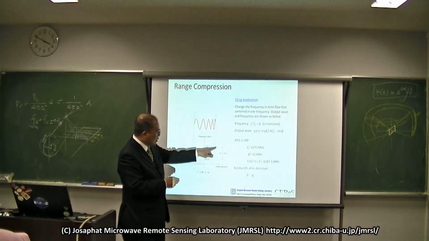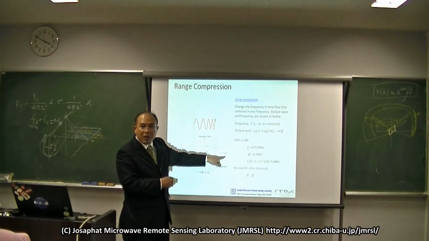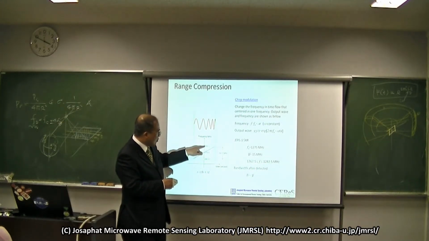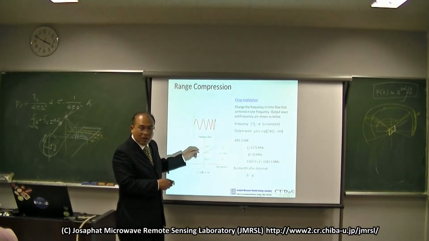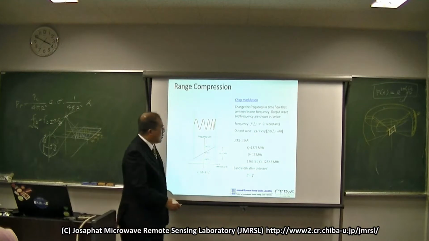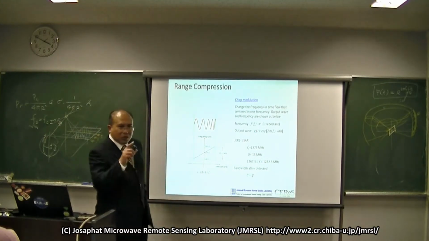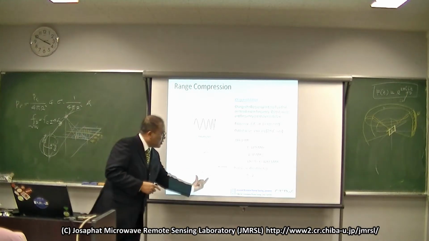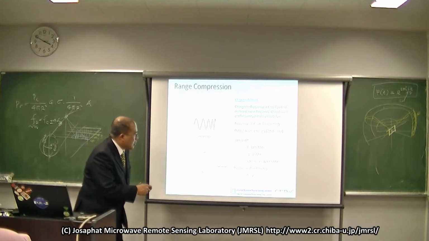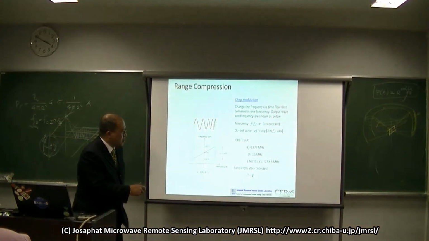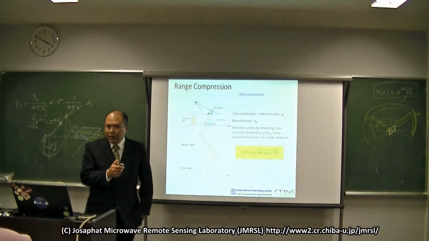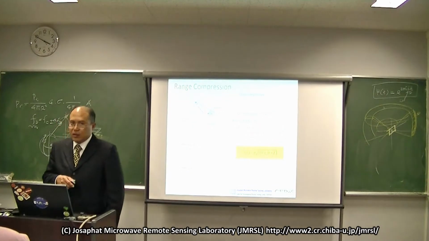Then delta f itself is 50 megahertz, and f moves from this frequency to this frequency within 35 microseconds. Then the bandwidth after detection is B equal to delta f.